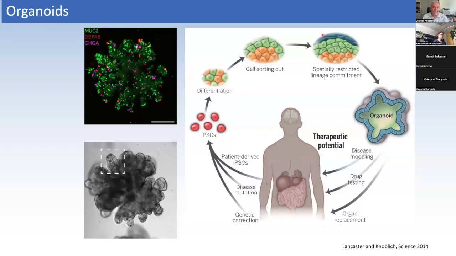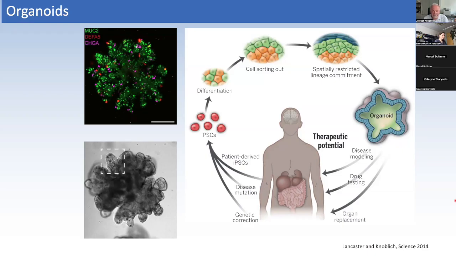They will form a specific three-dimensional architecture and then build an organoid that one can then use to model disease, test drugs, and also eventually maybe to form organ replacements. And so on the next couple of slides, I would like to tell you something about what we know about organoids, how they are generated in general, what their historical roots are, and how we can generate organoids for particular areas of the human brain.